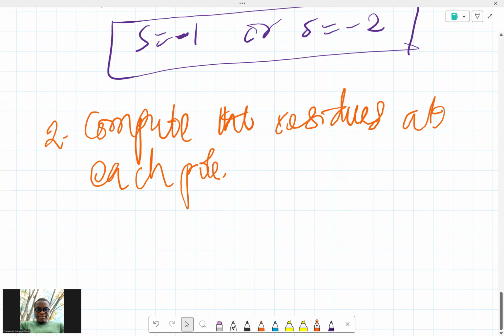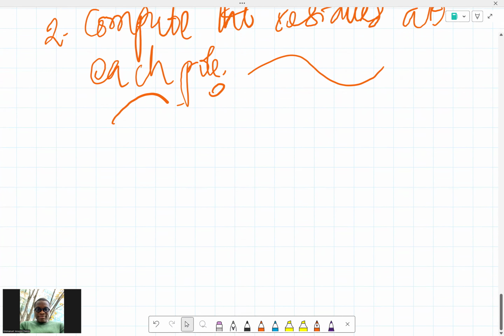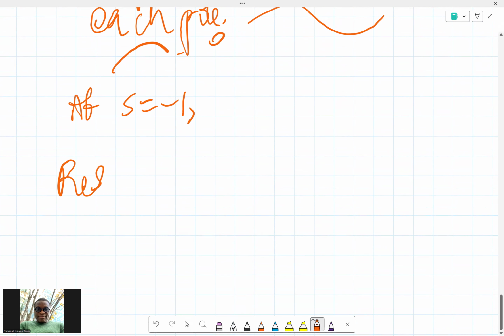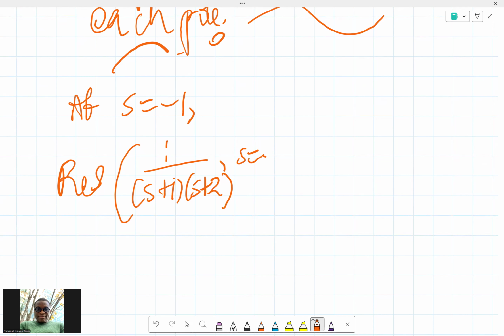At s equals minus 1, the first one, the residue of 1 over (s plus 1)(s plus 2) at s equals minus 1 is 1 all over, of course, you exclude the first factor that gave us the value, and you have minus 1 plus 2.